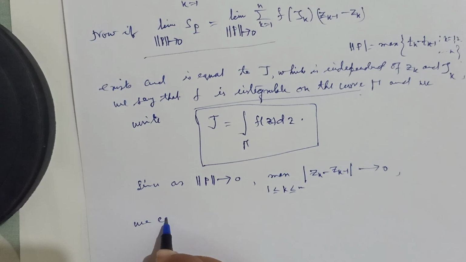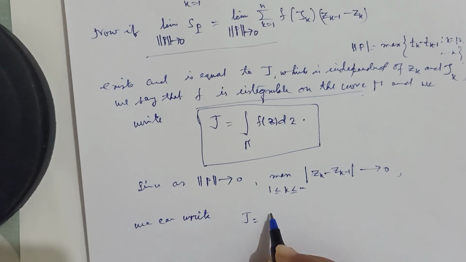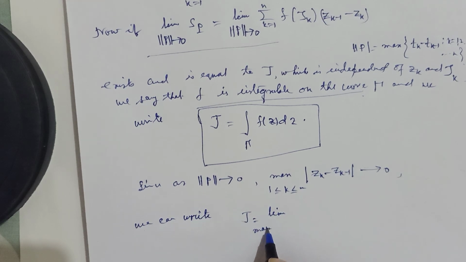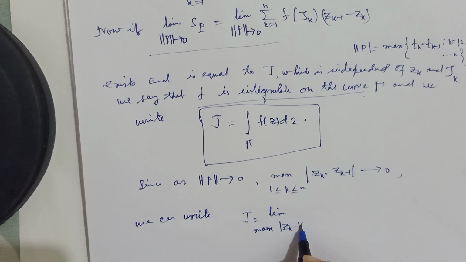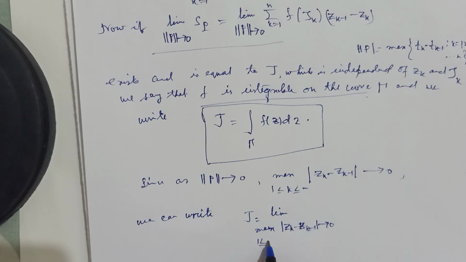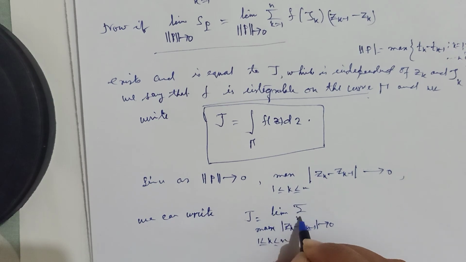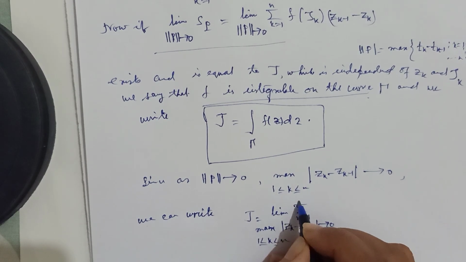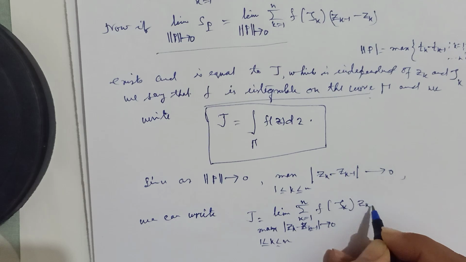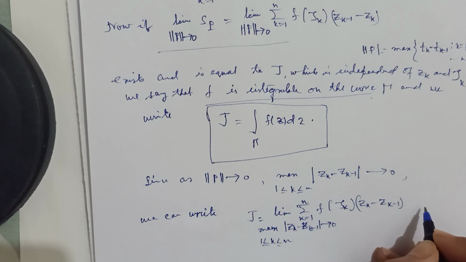So we can write J equals to the limit, as the maximum of mod zk minus zk minus 1 tends to 0 over 1 less than or equal to k less than or equal to n, of the summation over k equals to 1 to n f zeta k times zk minus zk minus 1. Clear?